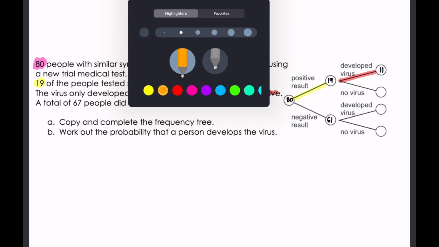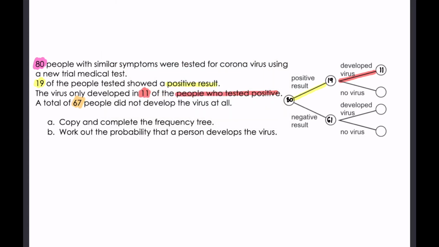So I need no virus at all to total 67. First I'm going to get how many people tested positive but the virus didn't develop. So 19 people tested positive, 11 developed the virus, which means that there are 8 people who had no virus.